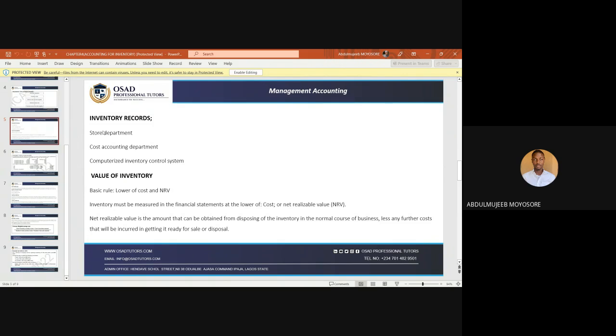What I'll be getting from it is 95 naira, because to sell it I'll be spending 5 naira. So 100 naira minus 5 naira gives me 95 naira. That is the normal course of business, less any further cost that will be incurred in getting it ready for sale or disposal.